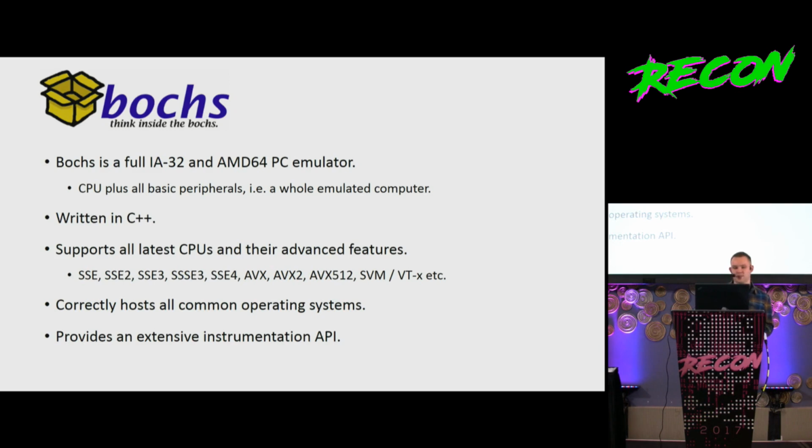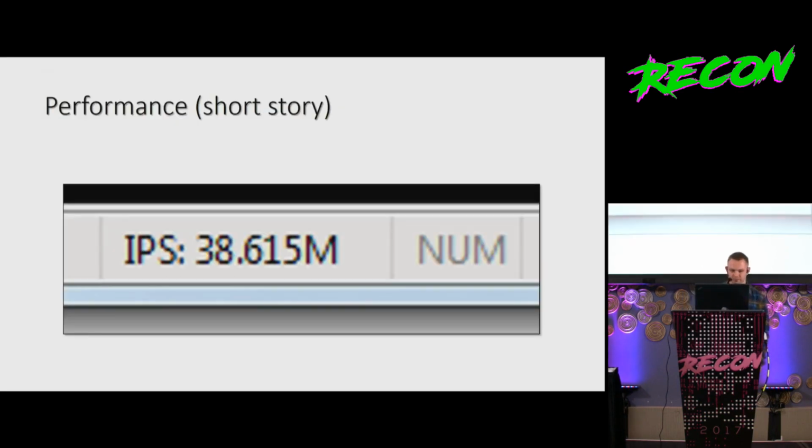It's written in C++. It's developed by Intel, which means that it has support for all of the latest CPU features you can imagine, all of the extensions and stuff like that. It correctly hosts all common operating systems. Myself, I just tested Windows and Linux and didn't have any problems at all. And what's best for us is that it has a very extensive instrumentation API.